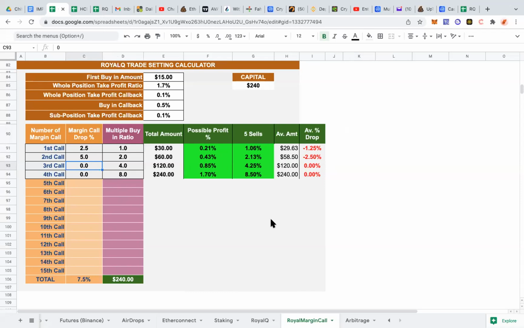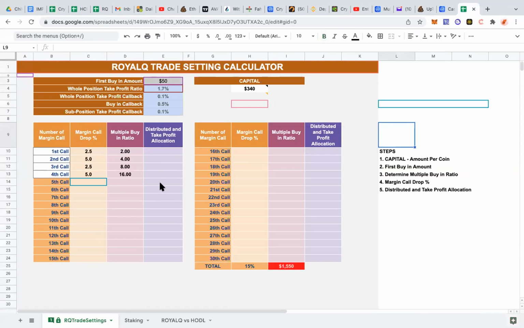Were you here at the beginning of the Zoom, sir? Yes, I was. All right. Now, the distribution and take profit allocation is only required if you are using the sub-bin mode strategy. That is not the whole warehouse. Why? Because with sub-bin, from the fifth call, you must set the required take profit because they are judged independently.